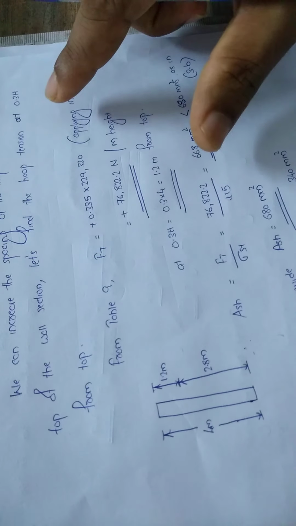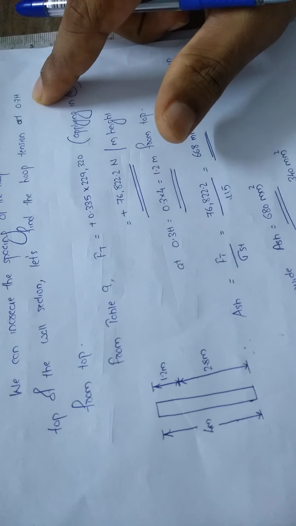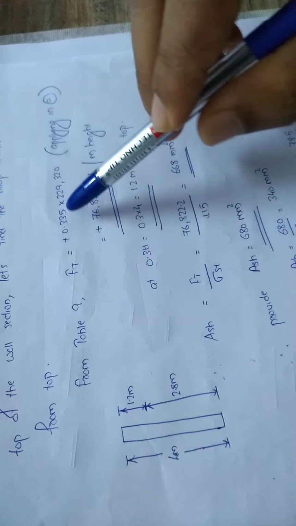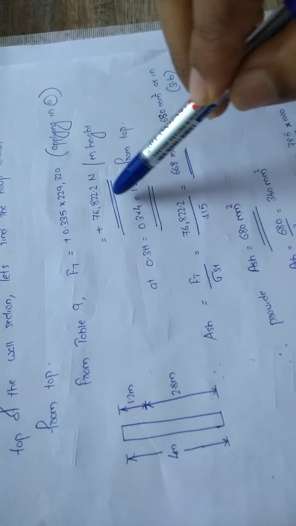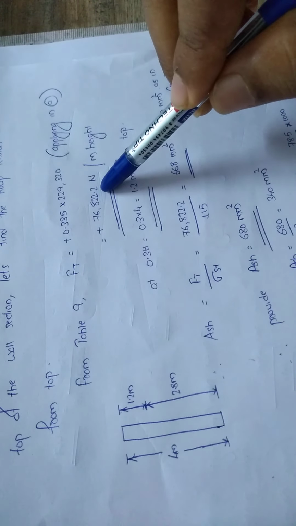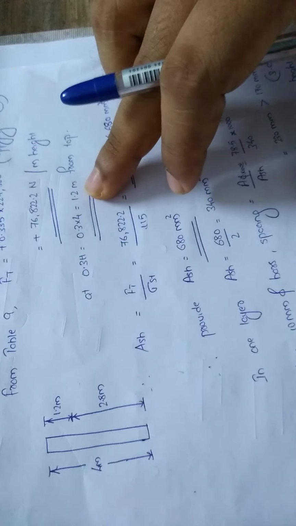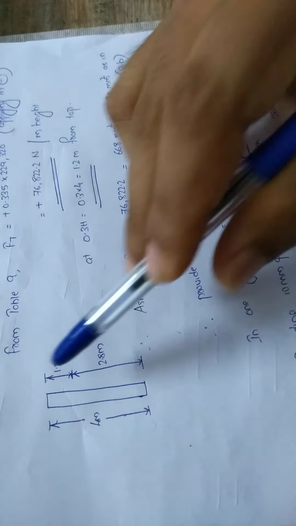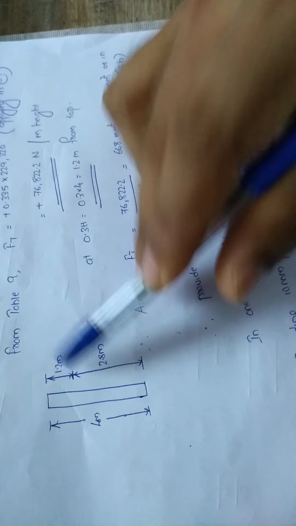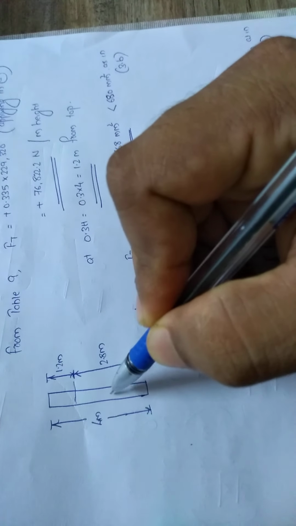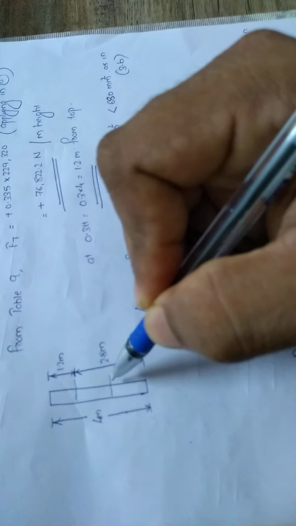Let us find the hoop tension for 0.3 H from top. From the table we are getting the value for 0.3 H, and what we are getting is 76,822 Newton per meter height at 0.3 H. That means 1.2 meter from the top. So at 2 sections we have taken this: at 0.3 H and at 0.6 H we got the values.